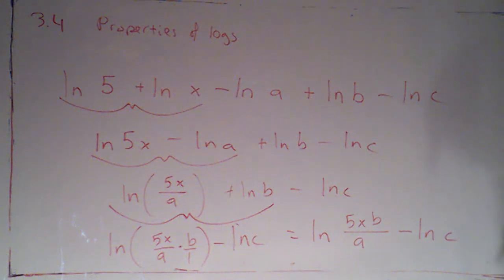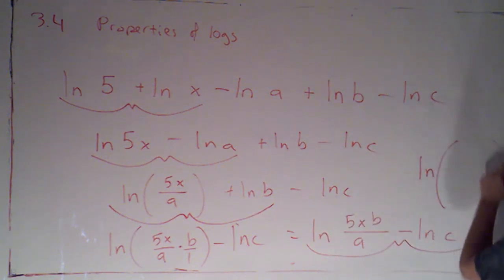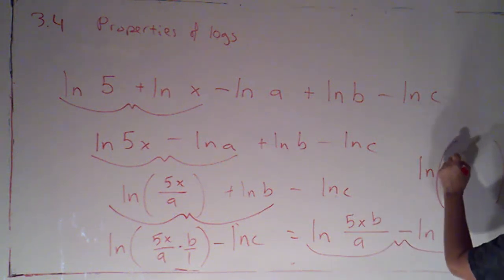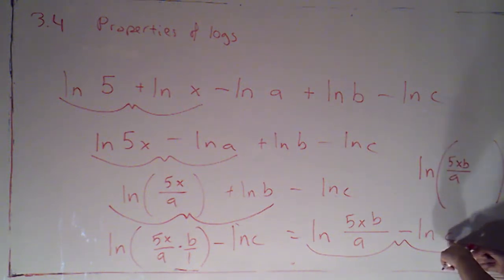Okay. All right, so I've got one more step to do. Here, I'm subtracting logs. Subtracting logs occurs when I'm dividing. So I can combine these to say this is the natural log of this division problem: 5xb over a, divided by c.